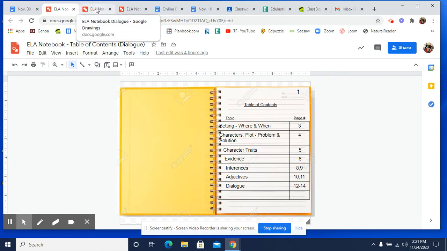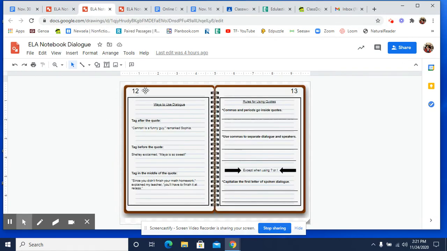So let's go to page 12. So on page 12, make sure that you are labeling 12 and 13. You're going to put ways to use dialogue right here, and then you're going to glue the rules for using quotes next to it on page 13.